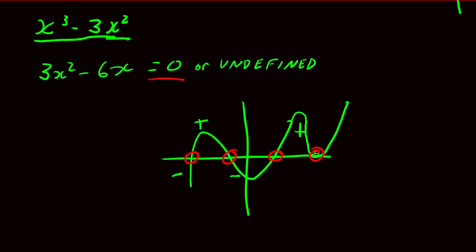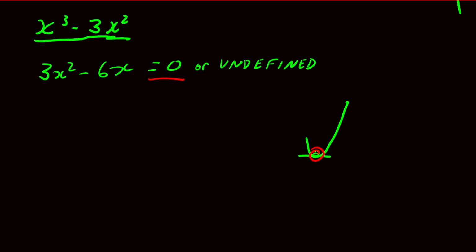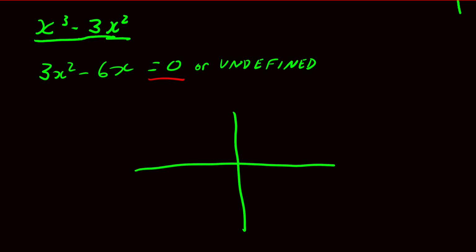Now, you might be wondering, why do I need to care about an undefined point? If the derivative is undefined, then it doesn't exist. Well, let's look at the graph of an absolute value function. That's a bad graph, but the derivative does not exist here, because this right here is a sharp turn. But we can see that this is a minimum of the function, obviously.